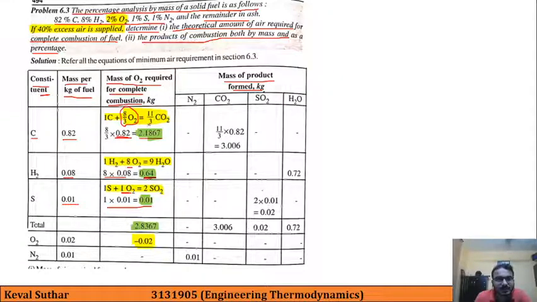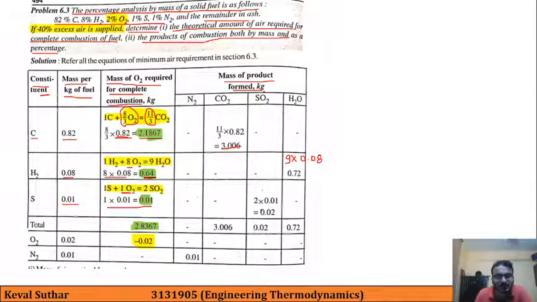For CO2 the coefficient is 11 by 3, so 11 by 3 into 0.82, the fraction of carbon, gives 3.006 kg of CO2 formed. Similarly for H2O it is 9 times the available mass of H2, that is 0.08, so we get 0.72.